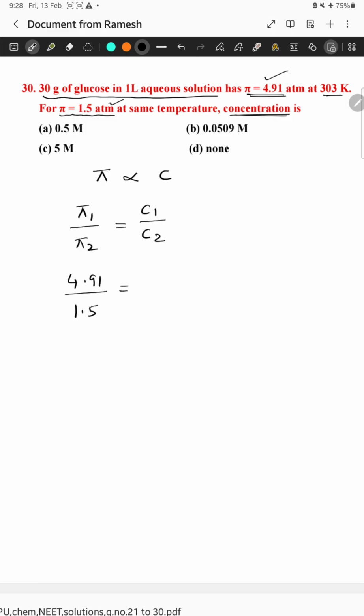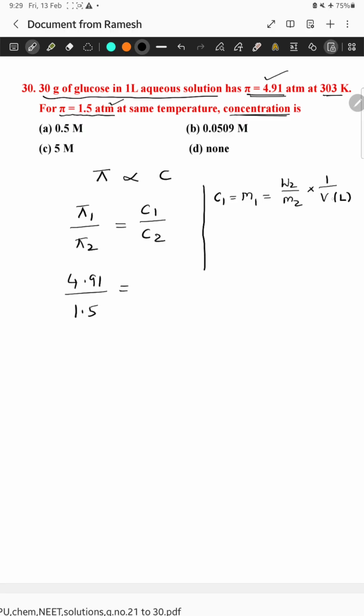C1 means the concentration of the first solution. Here the concentration of the first solution is not given, so first you have to find out C1. Concentration means molarity. I will call the molarity of the solution M1. What is the formula for molarity? Mass of solute divided by molar mass of solute, into 1 by volume of solution in liter.